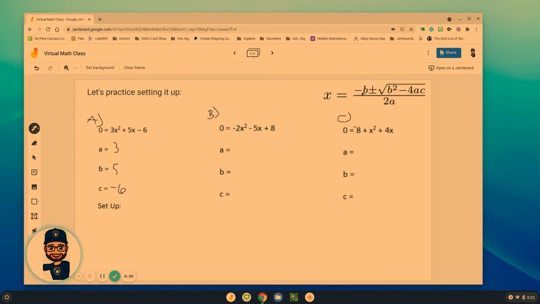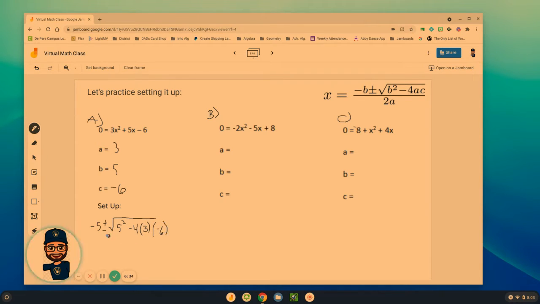The opposite of b, the negative b. In this case, because b is 5, I use -5 in the quadratic formula. And then it's plus or minus the square root of my b value squared, so 5 squared, minus 4 times the a value times the c value.